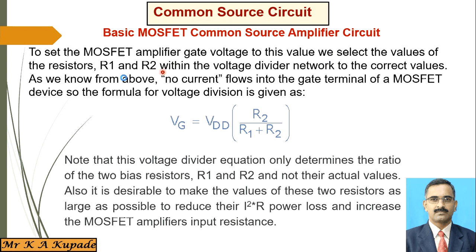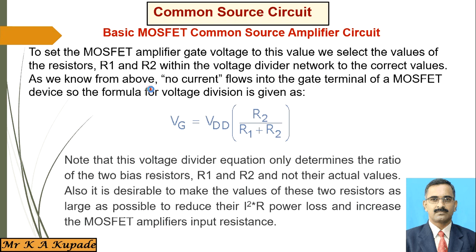We select the values of the resistors R1 and R2 within the voltage divider network correctly, so that the voltage divider network provides the proper gate voltage.